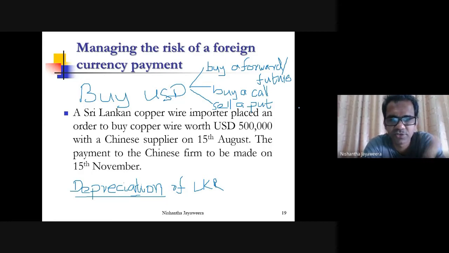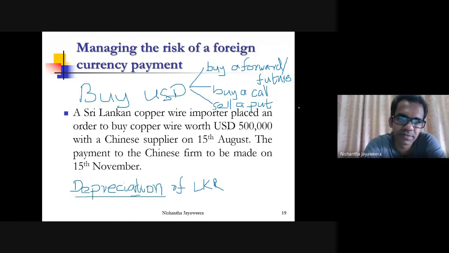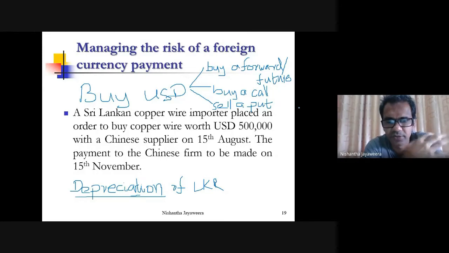You try to enhance your cash flow by an amount equivalent to the premium that you receive. So your loss will be minimized or reduced by that amount. That's what you are going to do in that case. Okay, these three answers are correct.